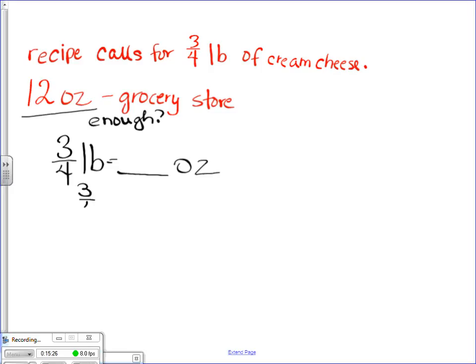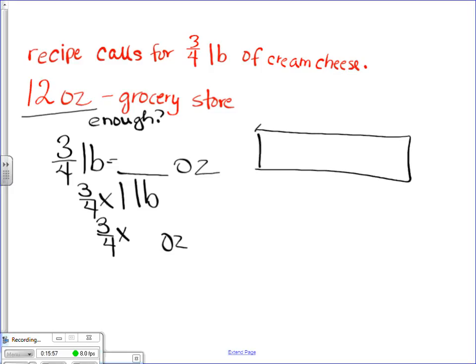So, 3/4 times 1 pound, 16 ounces. So, if I'm going from pounds to ounces, I'm going from big to small. Ooh, you multiplied 3 by 16. So, think about it, I've got the pound up here.